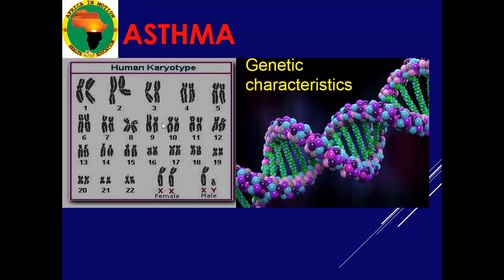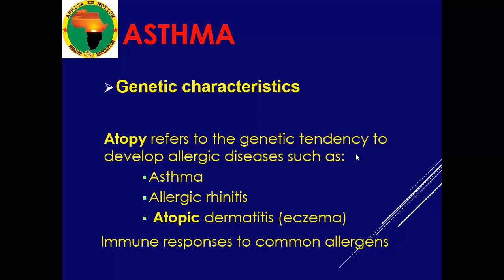You can see the DNA, which has many small particles, the genes. If just one gene of these is a carrier of asthma characteristics, then it will be transmitted to the baby. The baby will eventually in the future have asthma.